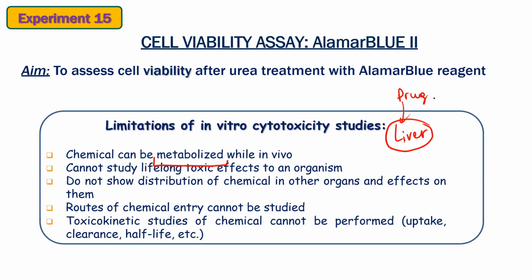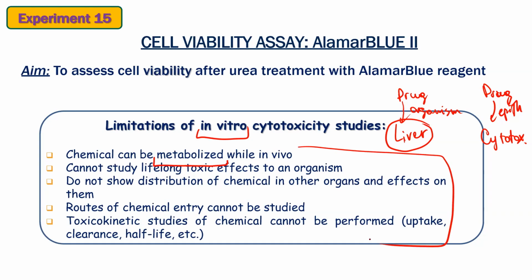But if you do it in the, so here we have the organism, and if we give this drug to, let's say, epithelial tissue, of course, we have the killing of the cells, so cytotoxicity. So we don't have a full picture when we just use the in vitro studies. And of course, it leads to the question that after some investigation or after some research, we need to proceed to the next level, which is the organoids.